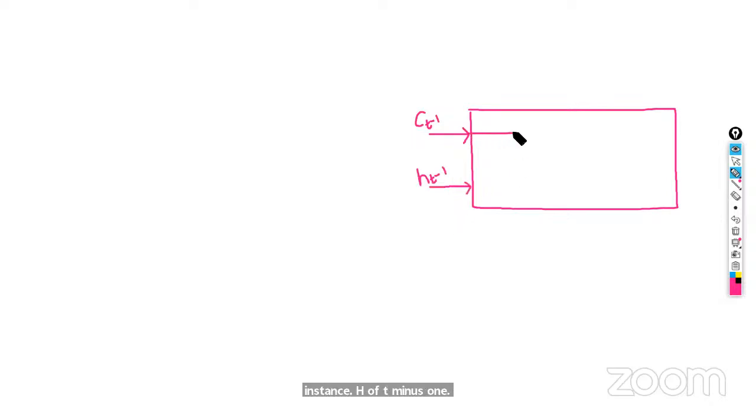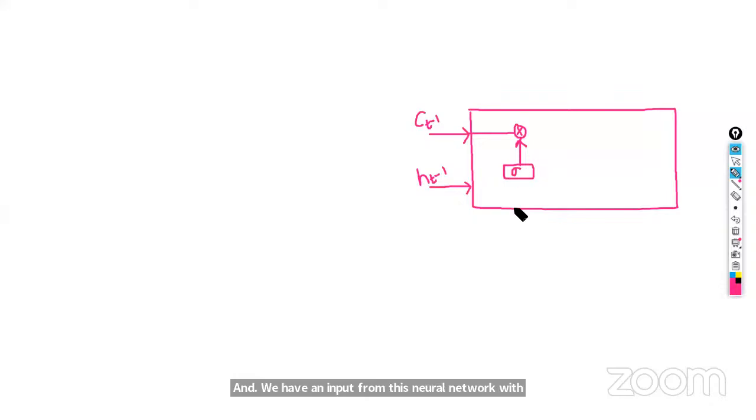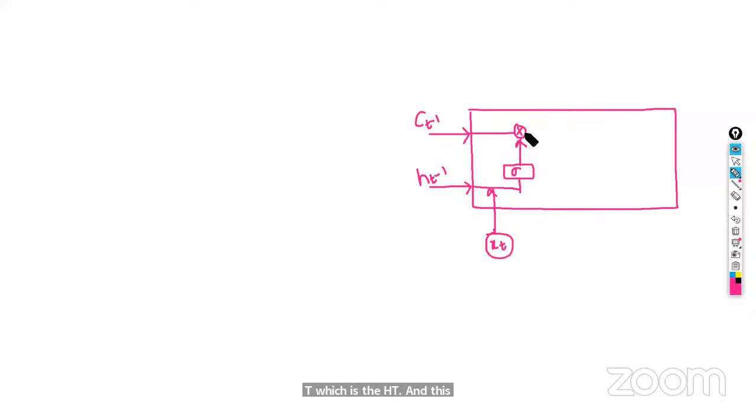Then here we have a pointwise operator, and we have an input from this neural network with sigmoid as an activation function. This sigma is nothing but the sigmoid activation function. The input to this neural network is the input from this time instance t, which is x t. And this further goes on, and this is what we call the forget gate.